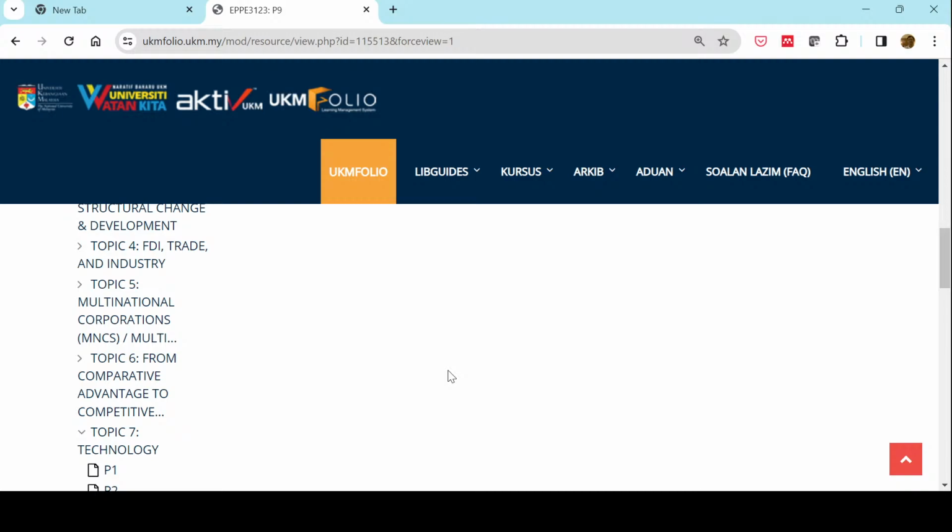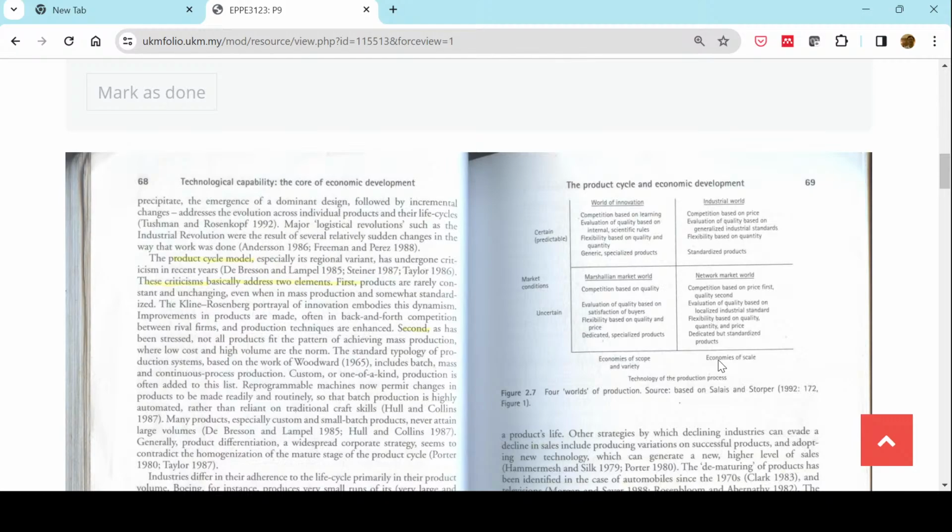So certain, which is predictable, uncertain, and economies of scope and variety, economies of scale. Economies of scale refers to the more quantity produced, the lower the average cost. That's economies of scale.